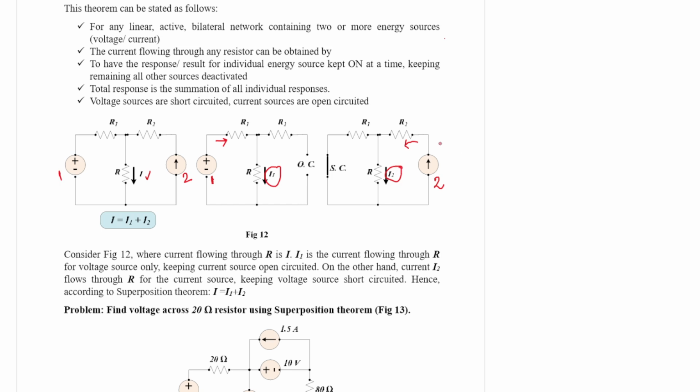So in this way, for n number of sources, this process will be repeated. At a time, one source will be considered and the other sources should be deactivated. In each step, when you consider any particular source, you need to consider its response.